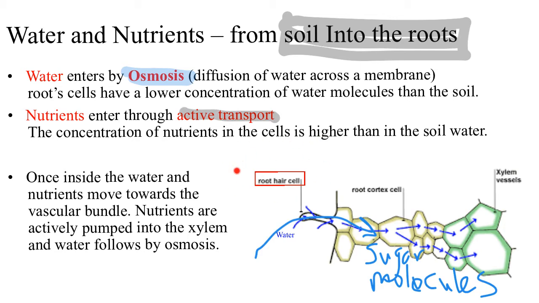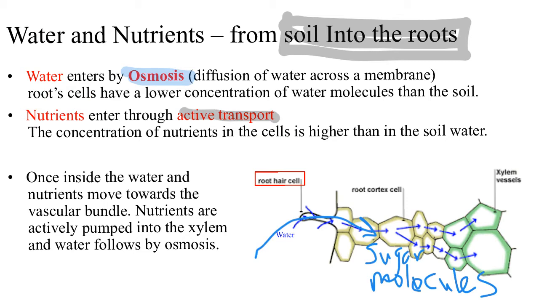So you can see that I've highlighted that in red, or boxed it in red. And these root hair cells are really important because they help to increase the surface area of the roots, which means we have more surface area for water and nutrients to enter.